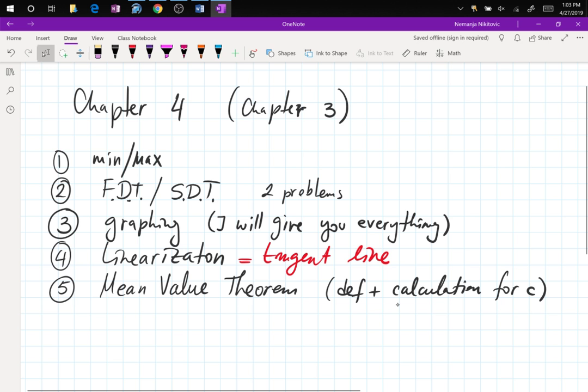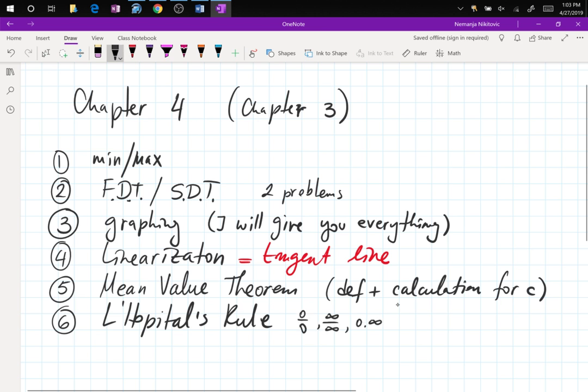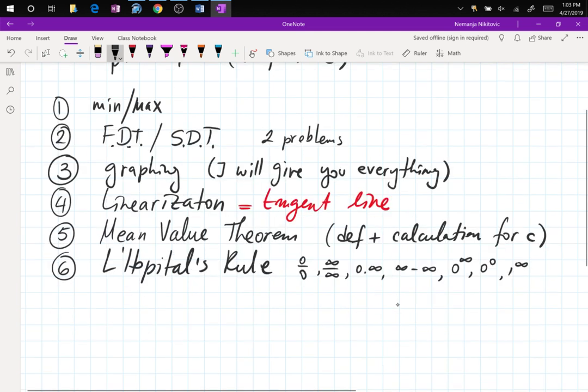And I think this is what ends, oh no, L'Hopital rule. Zero over zero, infinity over infinity, 0 times infinity, infinity minus infinity, and what do we have? 0 to the 0, infinity to the 0, 1 to the infinity. So these are the cases.